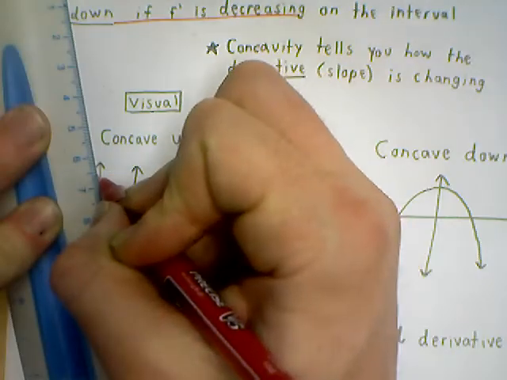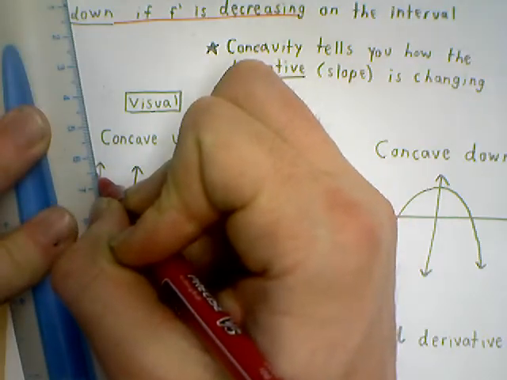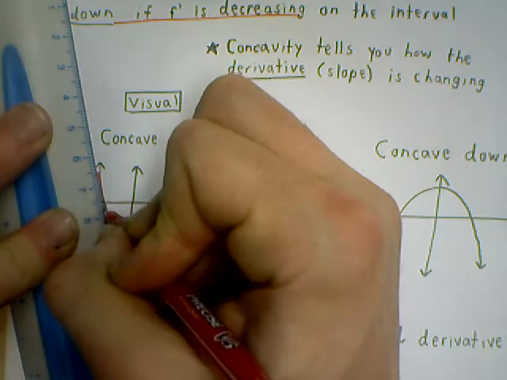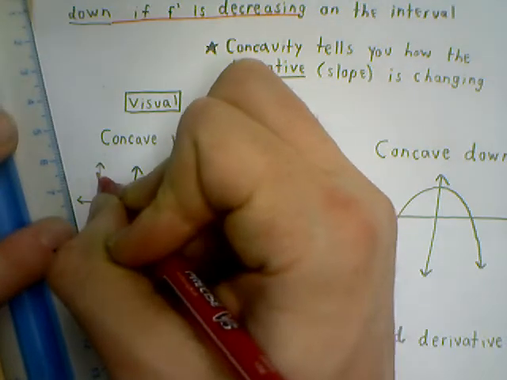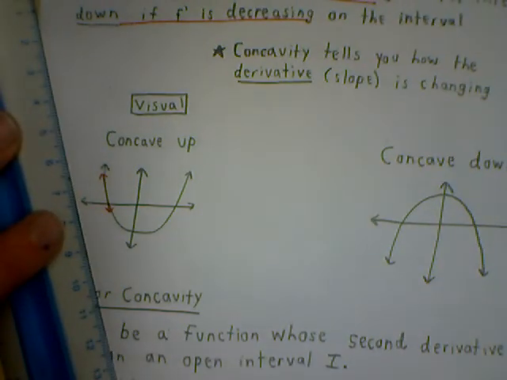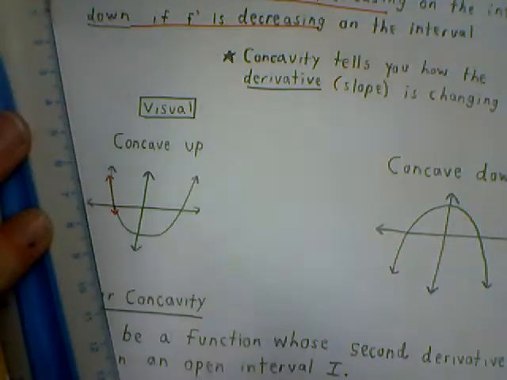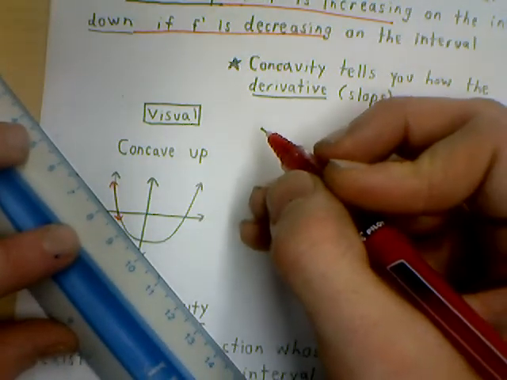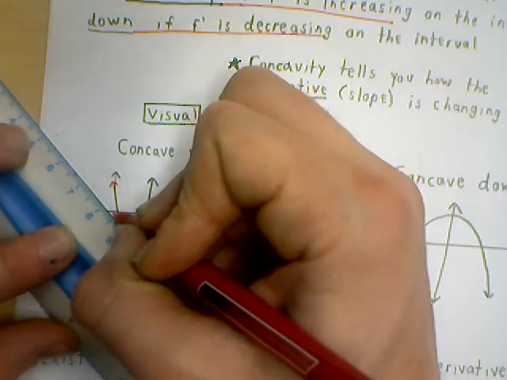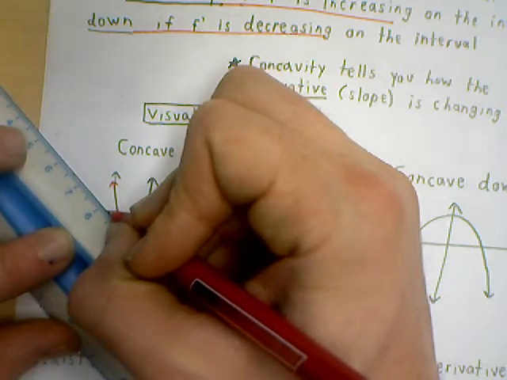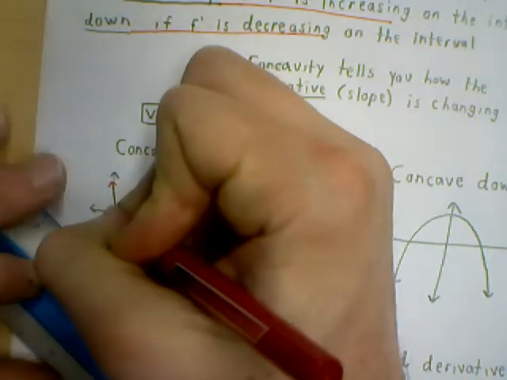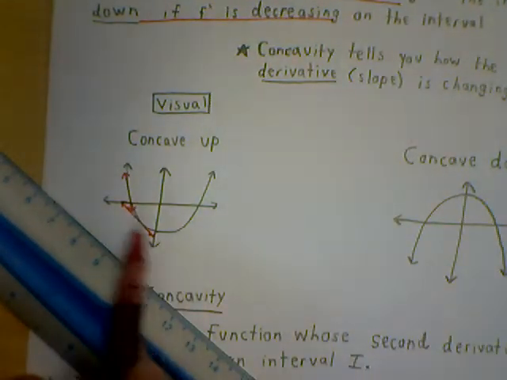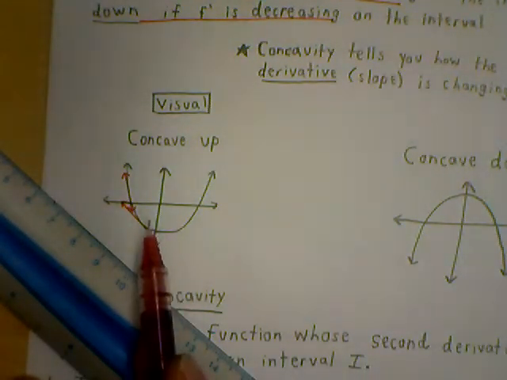If you look from left to right, right here, if I draw in my tangent line at this point, I can see that the slope of my tangent line is negative, and that's a very steep negative. Now, if I draw another tangent line and look at the slope, or the derivative, at this point, I can see that my slope would still be negative, but it's less negative.